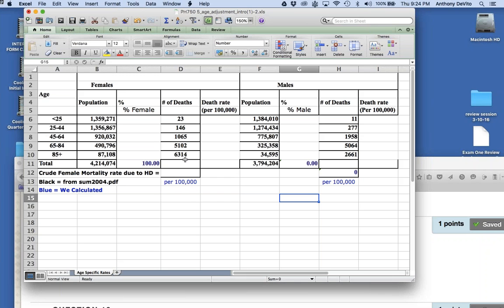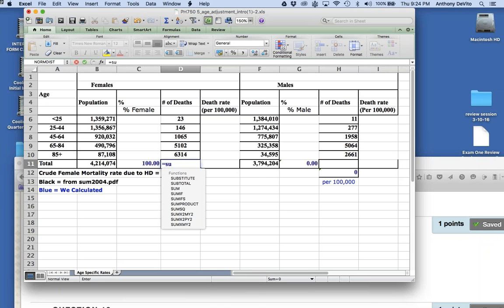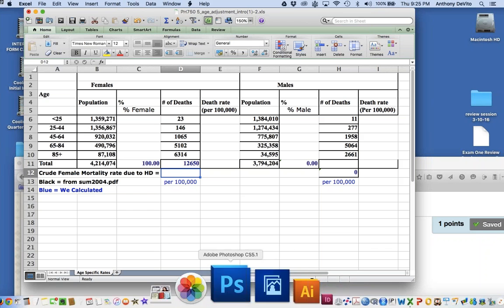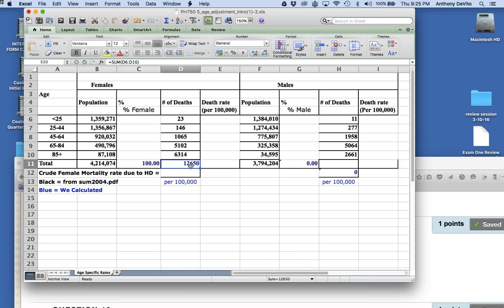Okay, so we know from the annual mortality and morbidity reports in New York City that in this particular year, the total number of female deaths due to heart disease in New York City was 12,650. Okay, and that includes all of these different age groups.